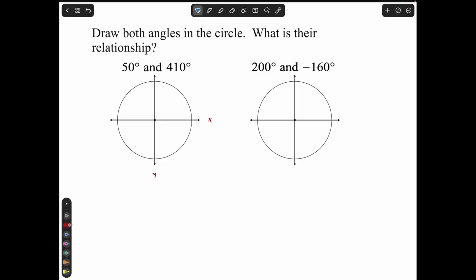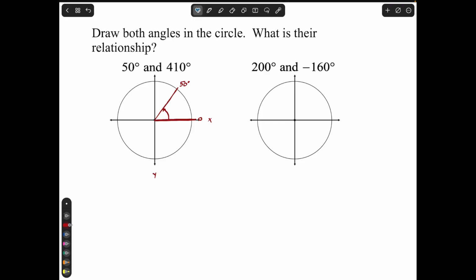And since our first angle is 50 degrees, that's just going to be a little bit more than halfway through that first quadrant. So we'll just estimate it to be about right here. All right, so we've opened up and we've gone from here to here. This is a 50-degree angle that we've measured from our standard position.